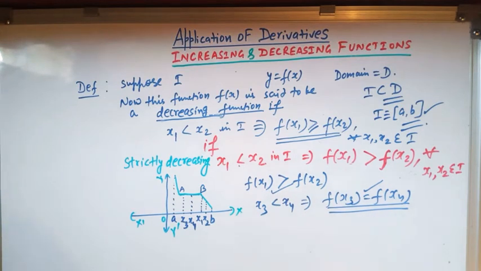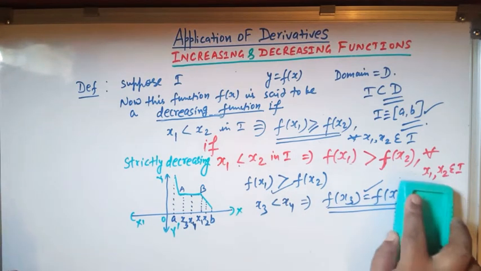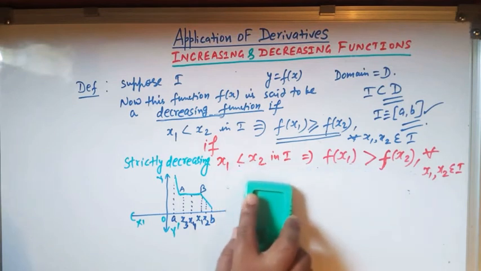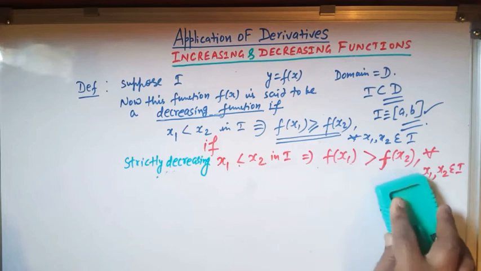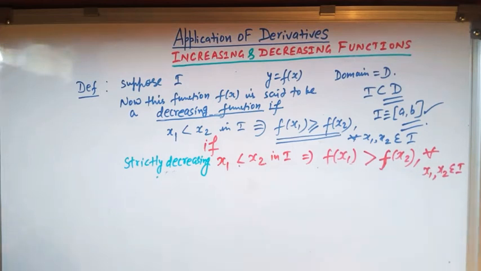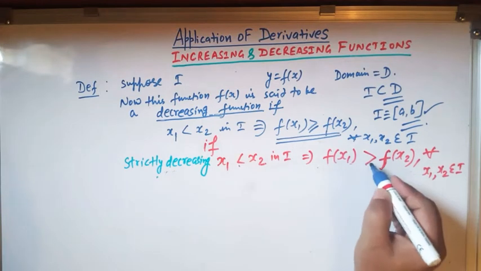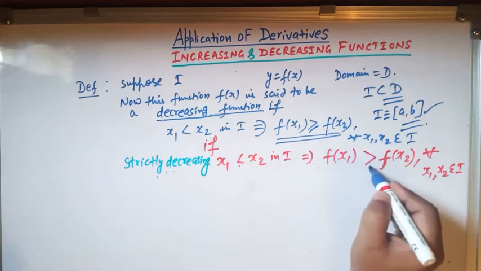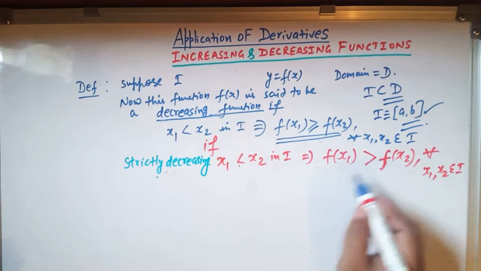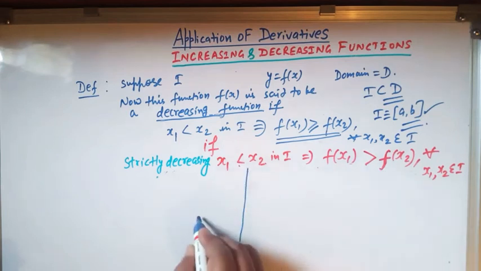Clear? Now let us take the case of a strictly decreasing function. For a strictly decreasing function, we have the inequality sign. We do not have the equality sign. So let us take the graph.